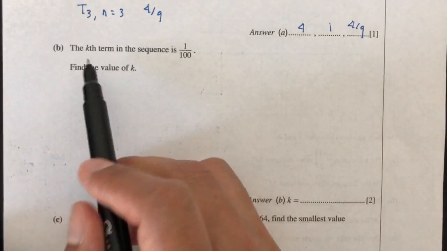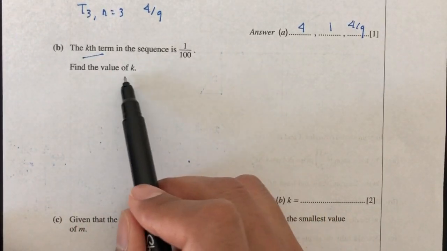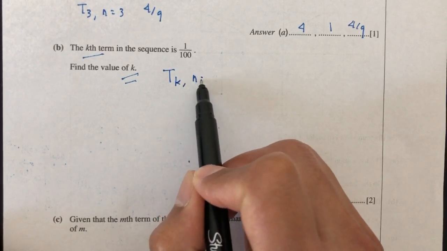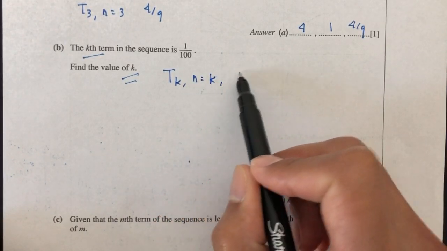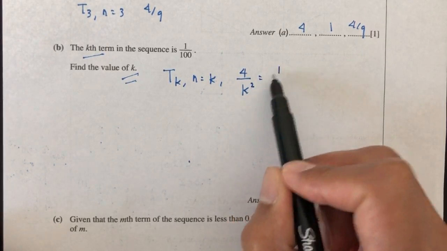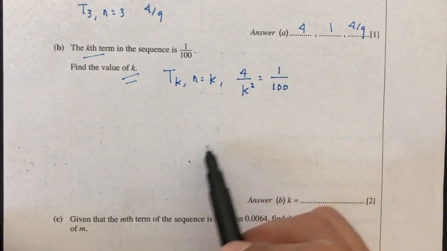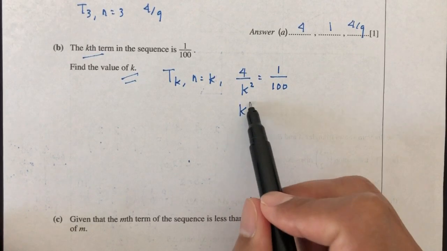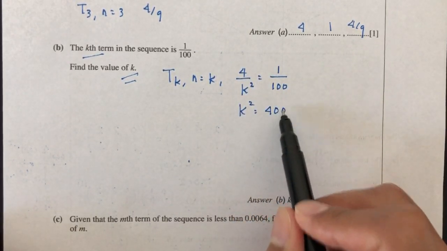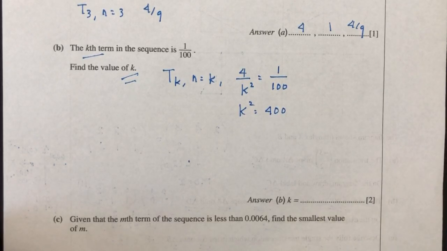Now part B, the kth term is given by this. Find the value of k. So tk, where n equal to k, is 4 over k squared equal to 1 over this. Find the value of k. So k squared, cross multiply, becomes 400.